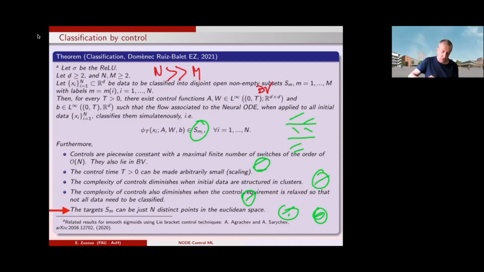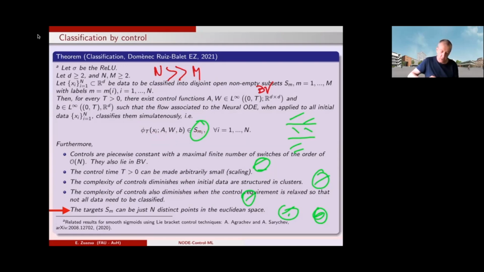And the control is also in the same class, such that the flow associated to the neural differential equation, when applied to all initial data, classifies them simultaneously, so that at the time capital T, the corresponding solution associated to the controls A, W, and B will live in the corresponding target set S_m_i for all i.